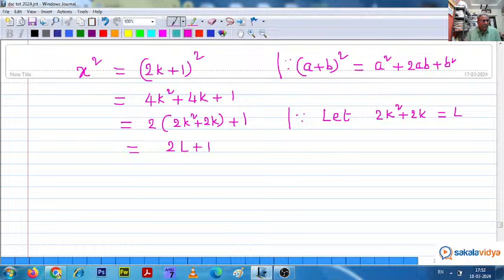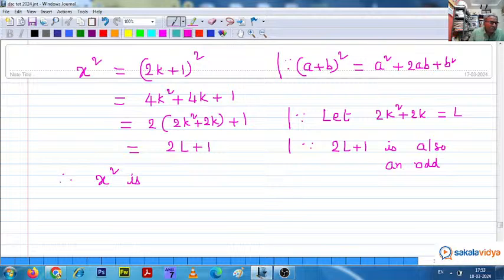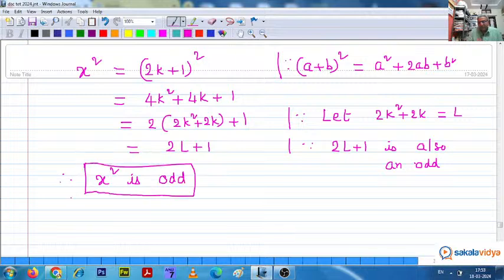Since 2l plus 1 is also an odd number, we can state that we concluded x square is odd, hence it is proved. So, this method is known as direct proof. You might have understood direct proof, right.